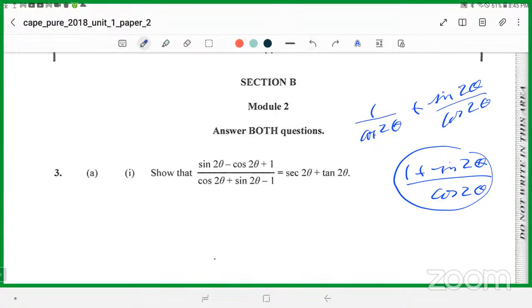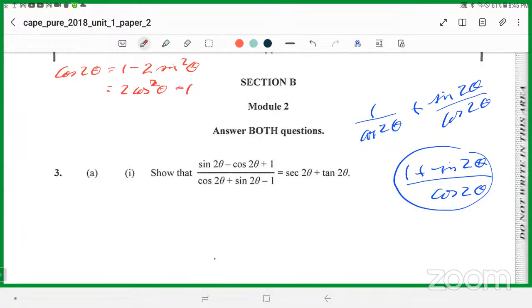All right, so I have to know that cos 2 theta can be written as 1 minus 2 sine squared theta. It can be written as 2 cos squared theta minus 1.